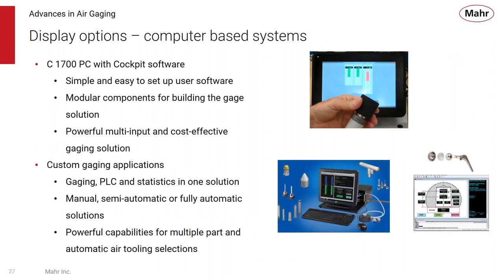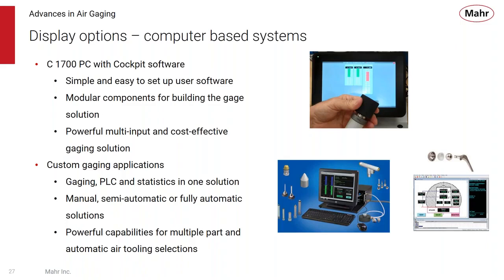We have some new display options with our C1700 PC with our cockpit software, which is a simple and easy to use user-definable software program using our modular components for customizing the gauge solution to the application. So this is a powerful multi-input and cost-effective gauging solution.